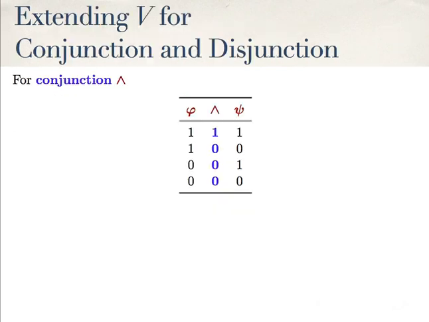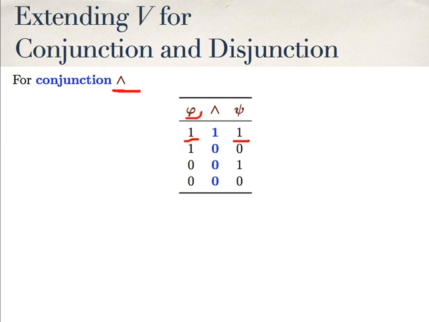Let's move on and consider the case of conjunction and disjunction. So let's start with conjunction. Conjunction is this connective that represents and. So suppose we have assigned the truth value 1 to phi and the truth value 1 to psi.